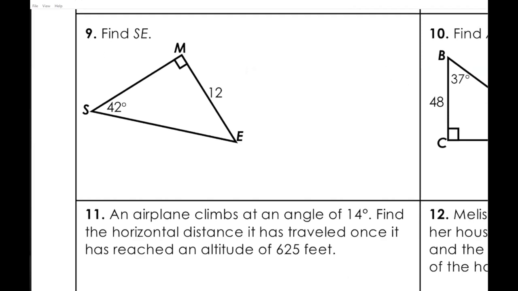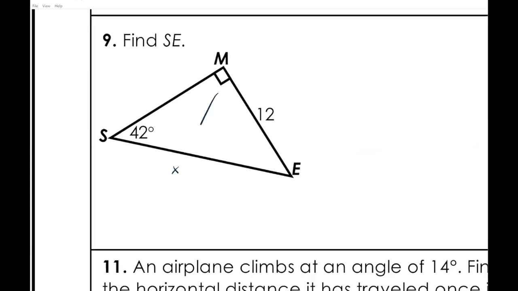Find SE, so that's SE down here. Okay. Identify what we have. We have the hypotenuse because it's across from the 90. And then we have the side that's across from our given angle. So that makes it opposite.